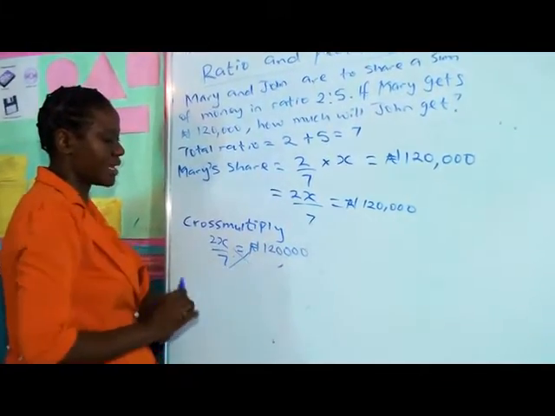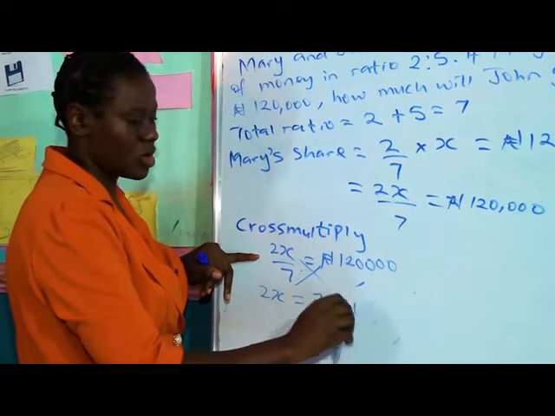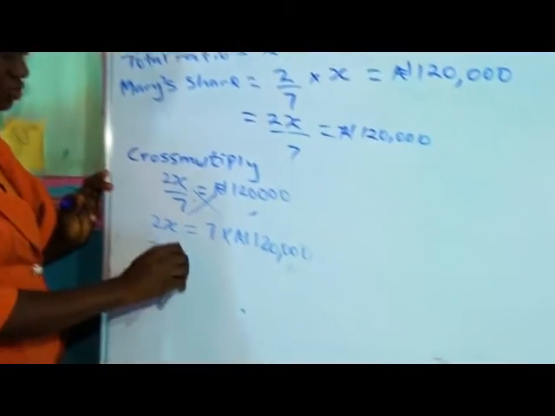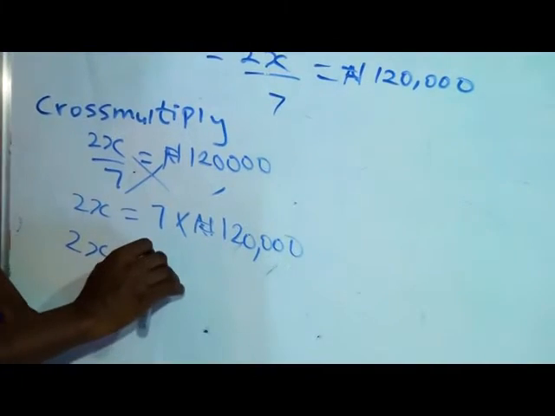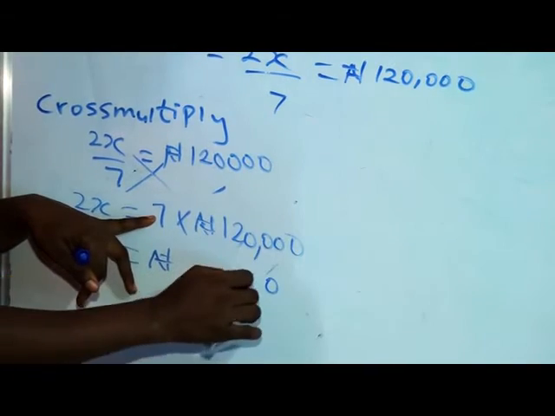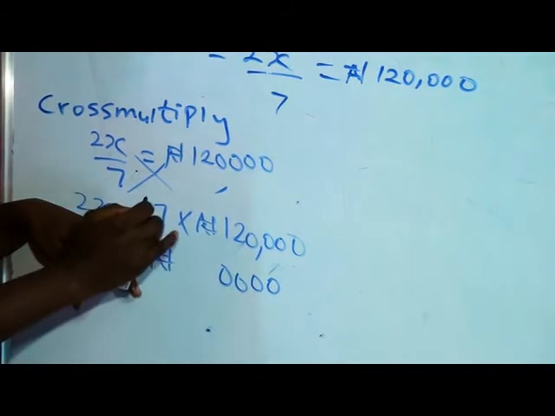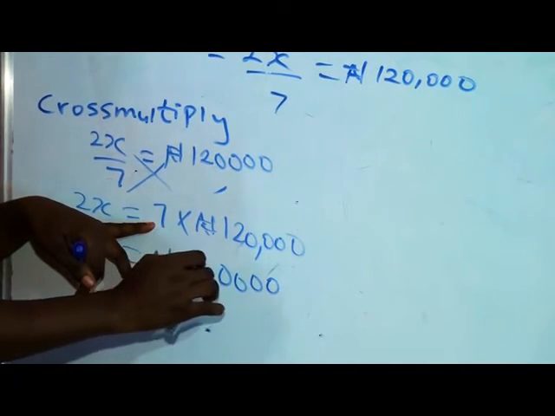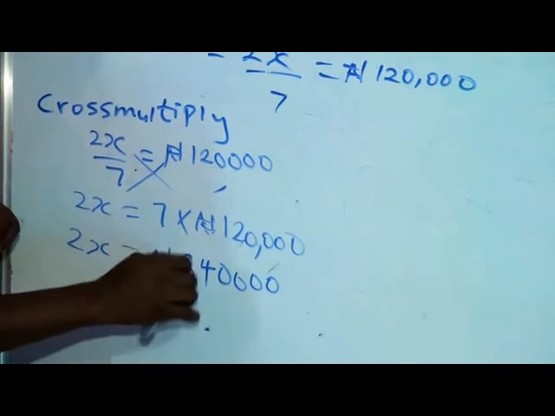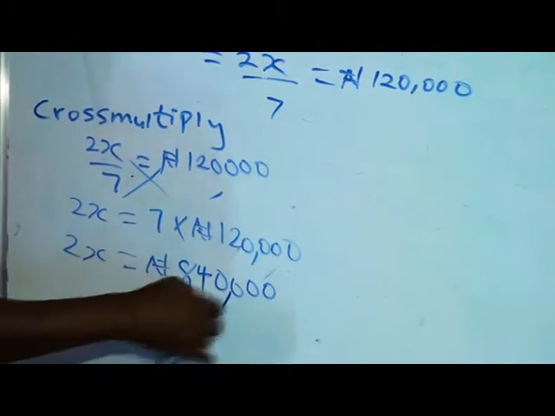By the time we cross multiply, we have it that 2x will be equal to 7 times 120,000 naira. 7 times 0 is 0, 7 times 0 is 0, 7 times 0 is 0, 7 times 2 is 14, 4 left, 1, 7 times 1 is 7, plus 1 is 8. So 2x is giving us 840,000 naira.